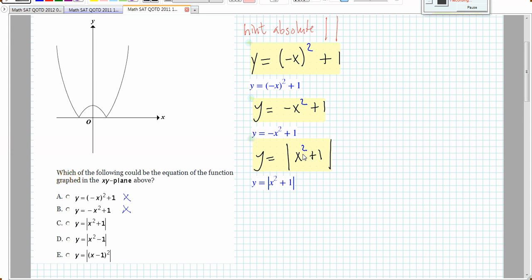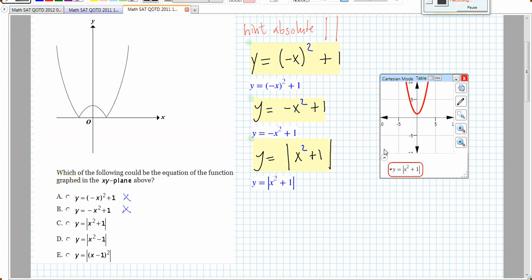So it's symmetrical about the line x equals 0, because positive values for x are the same as negative, and it's shifted up 1. Okay, good. Looks very similar to this one right here, right? But it doesn't look the same as the curve we've got, so it's not that one either. Let's try the next option.